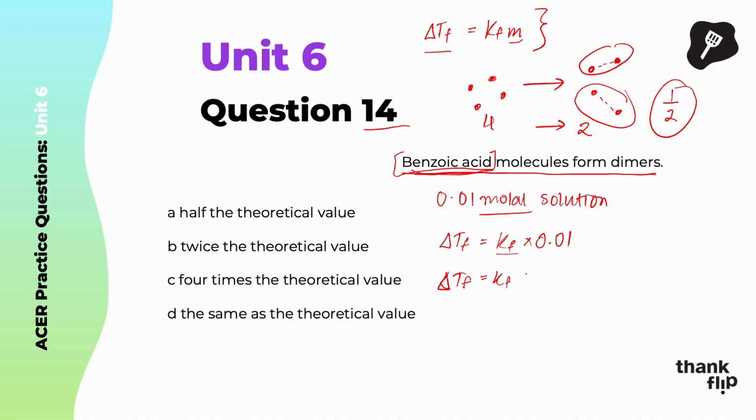So you have Kf times 0.005. It doesn't really matter what these two values are. We know that if this halves, then this will also halve because they're directly proportional to each other. So if you multiply this by half, then this side will also halve. So that means that the freezing point depression is going to be half of the theoretical value because of this dimerization. Okay, and that's option A.